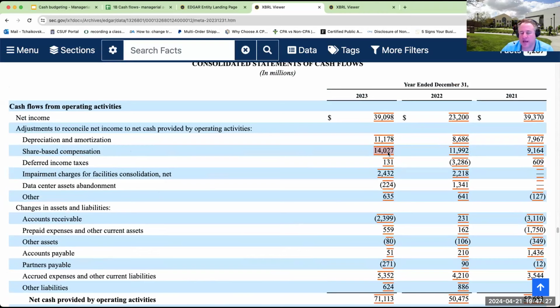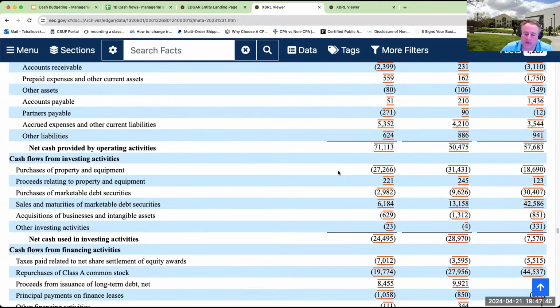The statement of cash flows serves a very important purpose for the investor, because the investor can see the kind of stuff that is included in net income, which may not need to be settled in cash, but can be settled in shares. So the statement of cash flows serves a very important purpose.